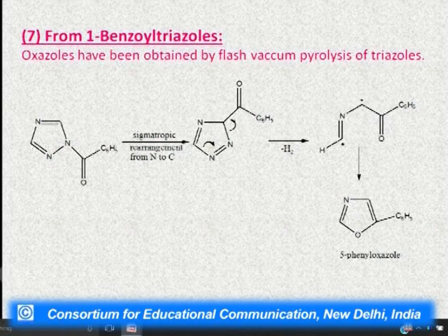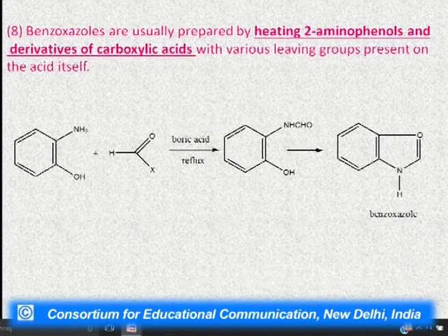Here a sigmatropic rearrangement from nitrogen to carbon takes place in this reaction, first a ring opening occurs, and then this will finally make a substituted oxazole ring. Here we will get 5-phenyl oxazole in this reaction.